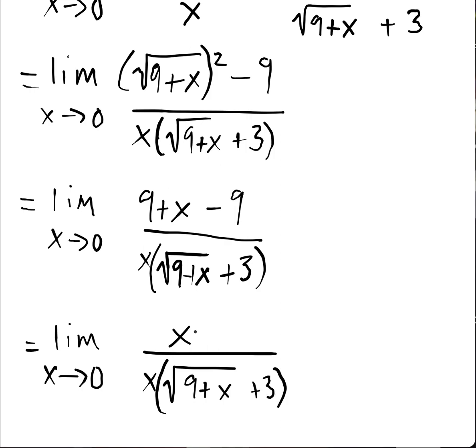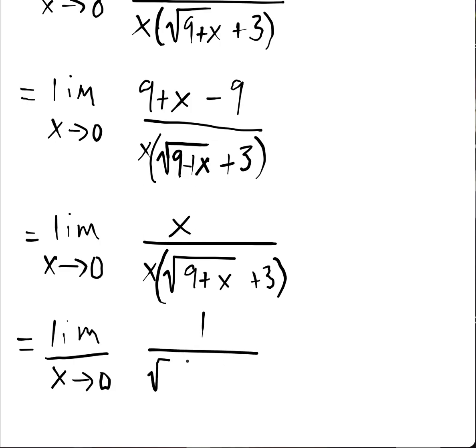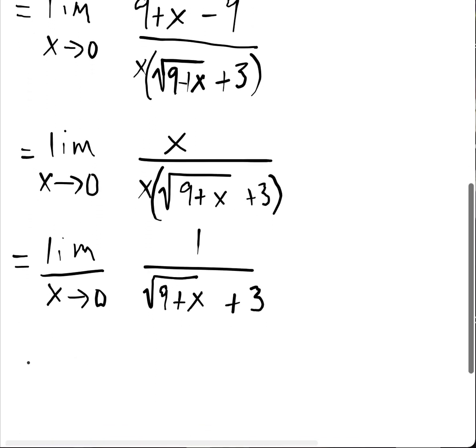Now before I substitute x for 0, I can divide top and bottom by x. Now I don't have a division by 0.